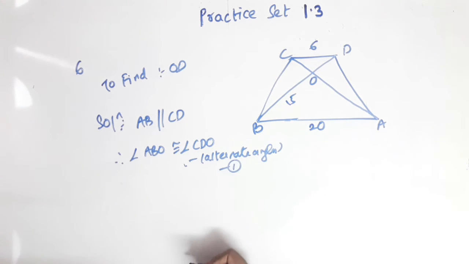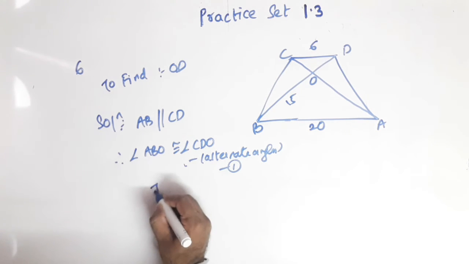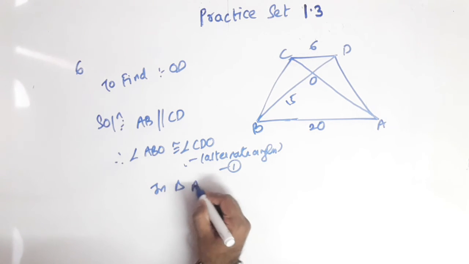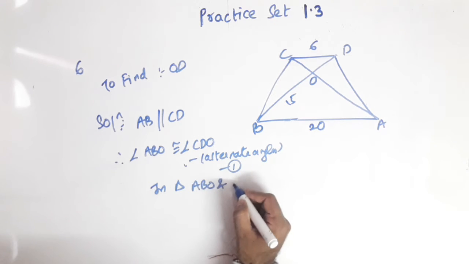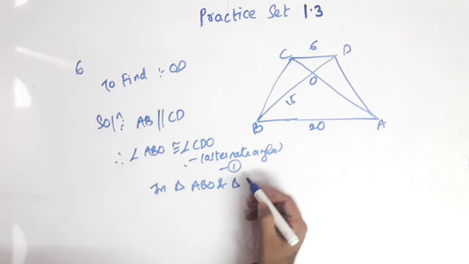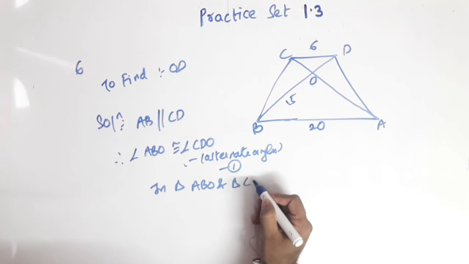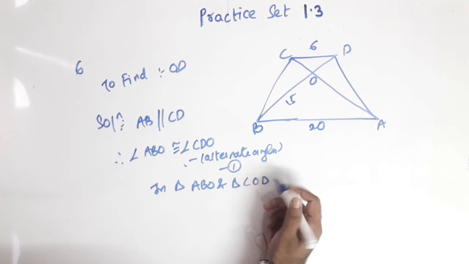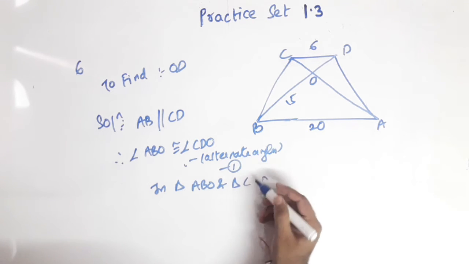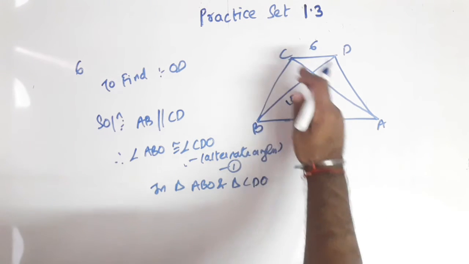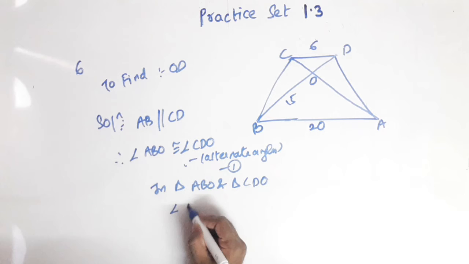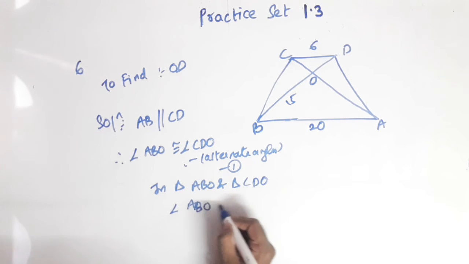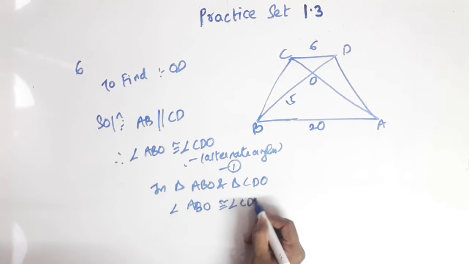Okay, point number 1. Then we'll write in triangle ABO and triangle CDO. I'll write angle ABO congruent to angle CDO.